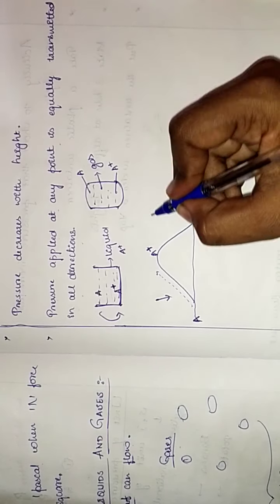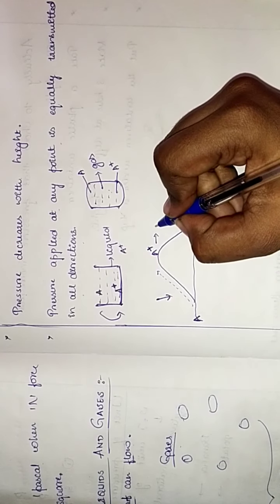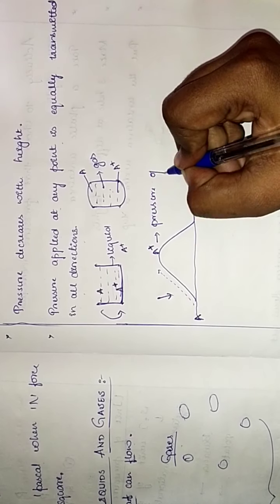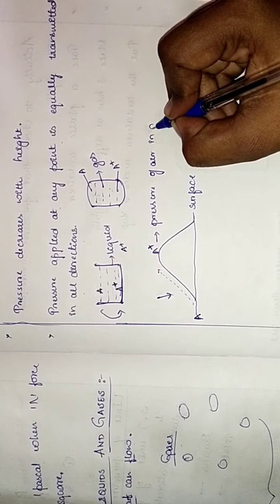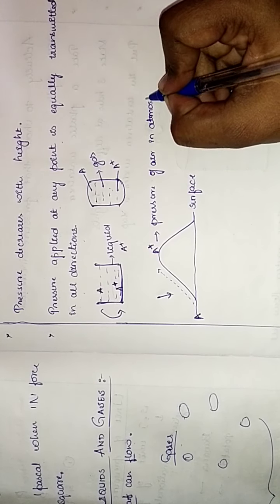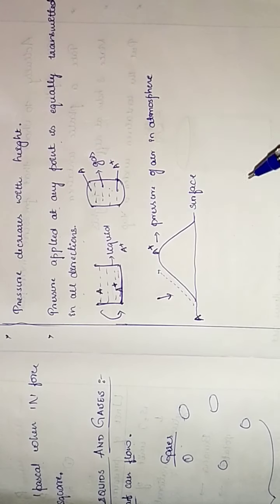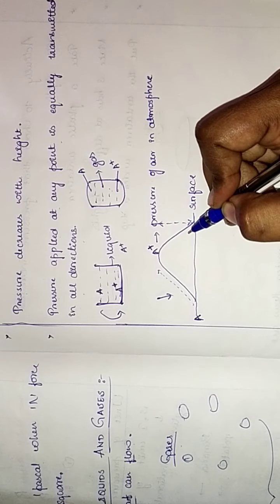Pressure of air in the atmosphere. We'll take this as the atmosphere because of the height. This will be the height of the mountain.